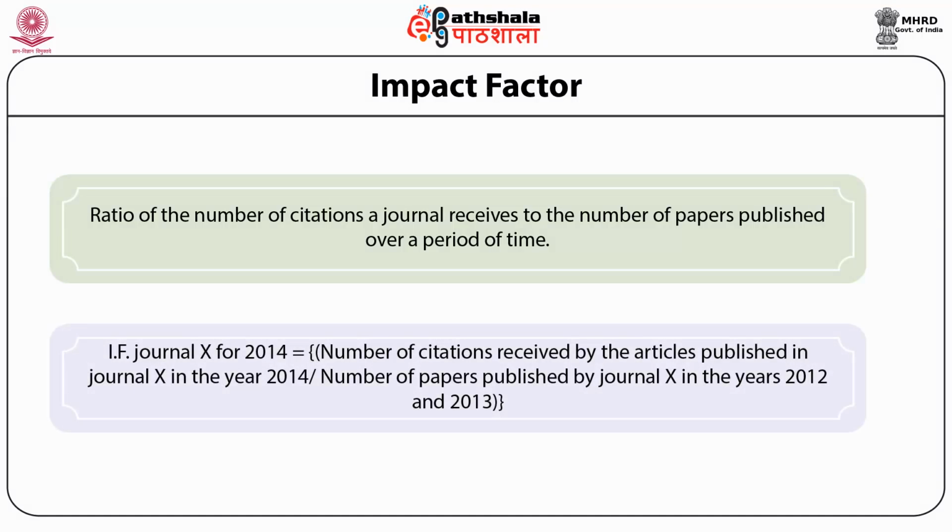Impact factor of journal X for the year 2011 is equal to {[number of citations received in the year 2011 by the articles published in journal X in the years 2009 and 2010] / [number of papers published in journal X in 2009 and 2010]}.